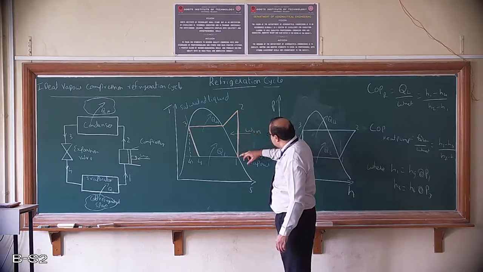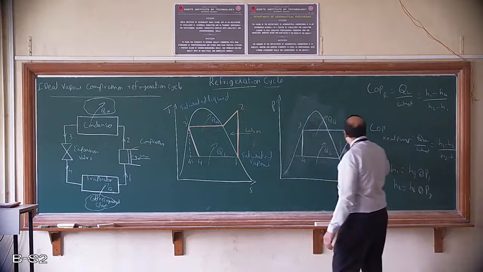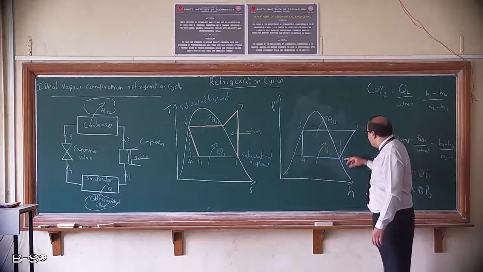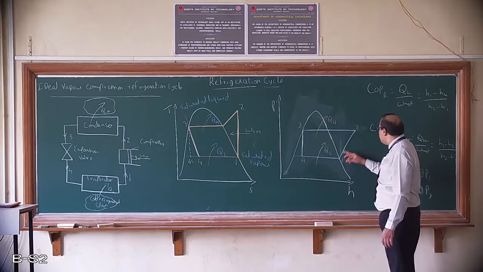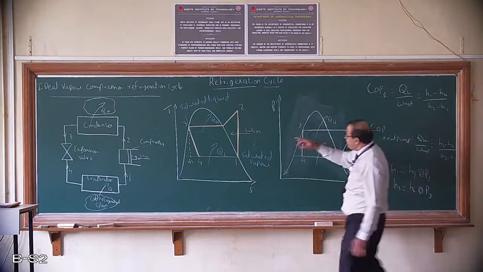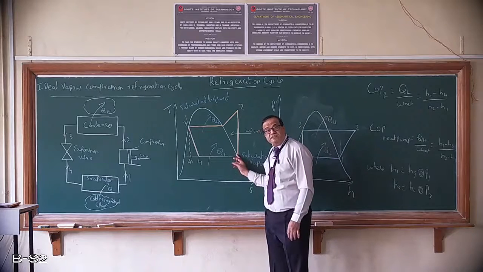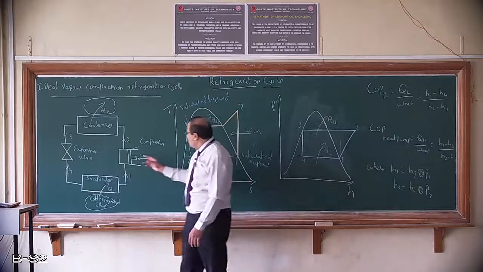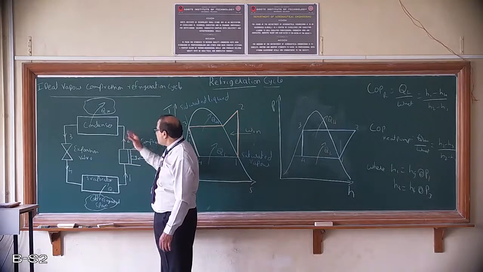When it gets compressed, there is a rise in temperature and a rise in pressure from P1 to P2, as you can see in the TS diagram or pH diagram. But you can see here the entropy remains constant. There is no change in entropy because of the compression process. There is just a rise in temperature and pressure, and that's what exactly happens.